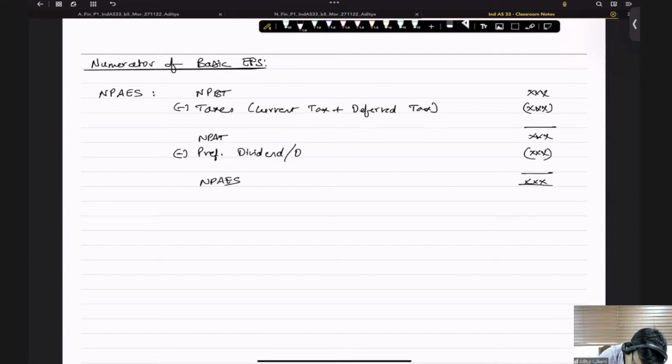Preference dividend, other payments to preference shareholders. For example, premium or discount on redemption of preference shares. Okay. So we'll put a star here, because this depends on whether they are classified as a financial liability or equity.